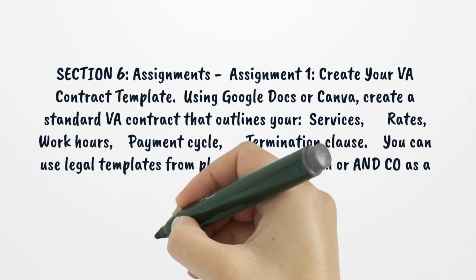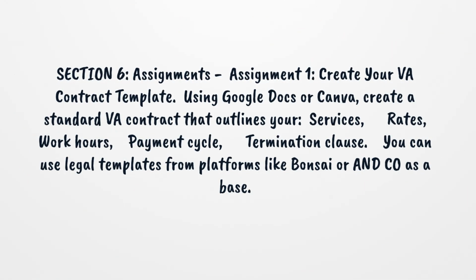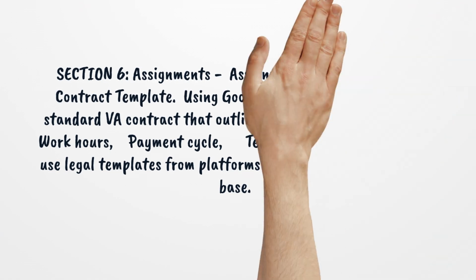Section 6: Assignments. Assignment 1: Create your VA contract template. Using Google Docs or Canva, create a standard VA contract that outlines your services, rates, work hours, payment cycle, and termination clause. You can use legal templates from platforms like Bonsai or NCO as a base.